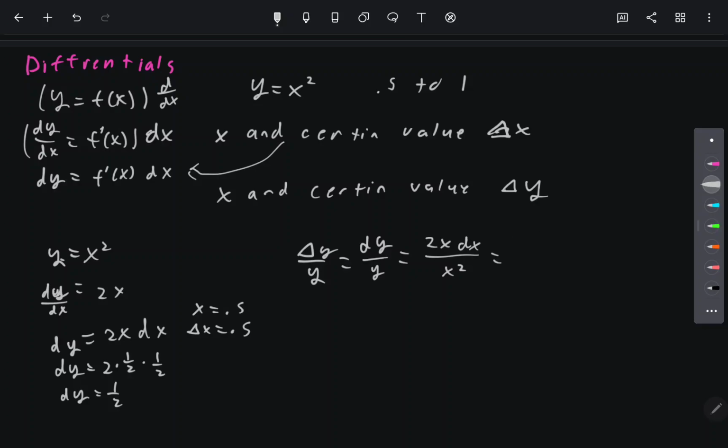Plugging in our values, we can find the relative error, where we can cancel one x with the x squared, so we get 2 times 1/2 over 0.5.